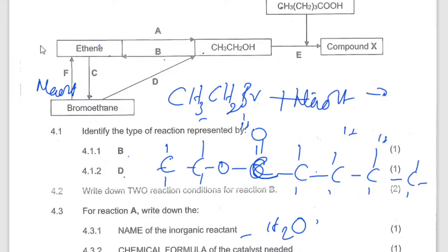Then you're gonna form this, which is ethene, plus now this is gonna react with the bromine to form sodium bromide. But what about this hydrogen?